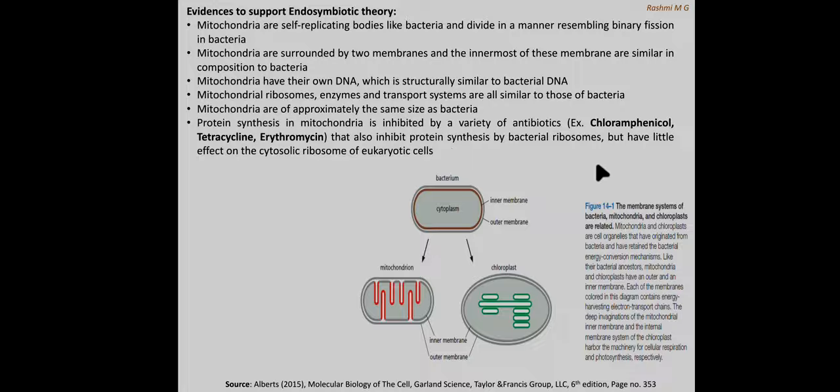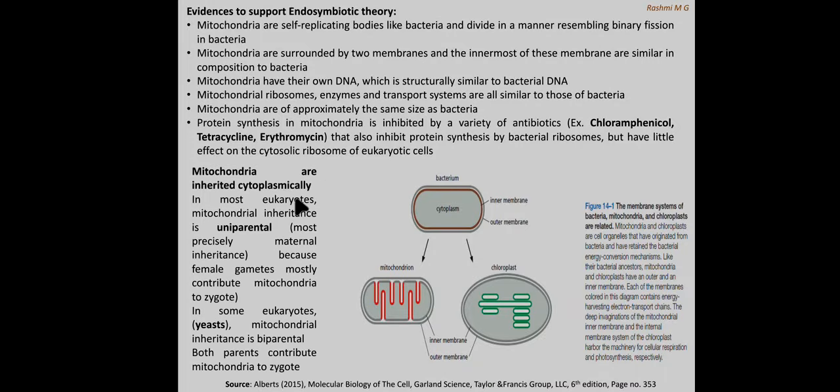Here you can see both mitochondria and chloroplast are endosymbiotically formed or evolved organelles. Okay. So mitochondria are inherited cytoplasmically.